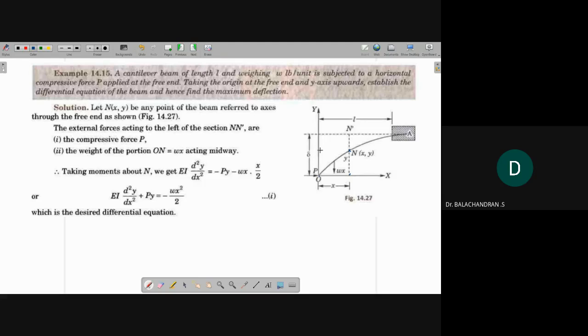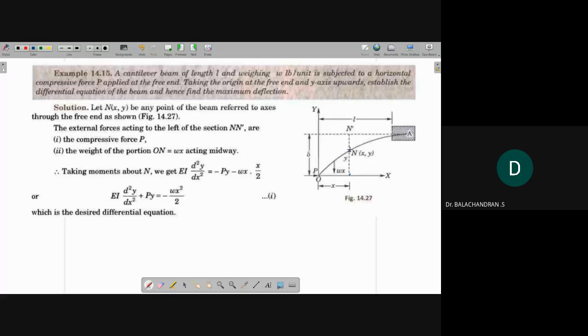Now the external forces acting to the left of the section N are, first, the compressive force capital P. Second, the weight of the portion ON, equal to omega x. Why is it omega x?